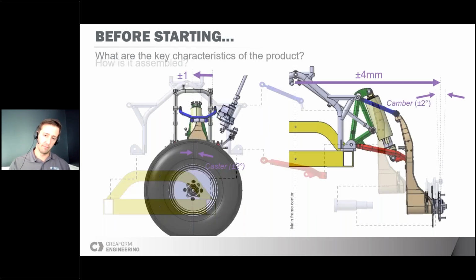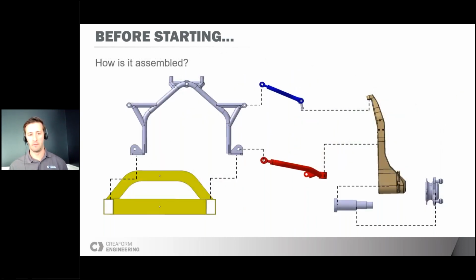Yeah, Mark, if you stay on this slide, I can make some extra mileage on what you said. Mark mentioned that it might be a simple question for people in the industry: how is it assembled? What we see on this screen is how it is assembled functionally, like the suspension.